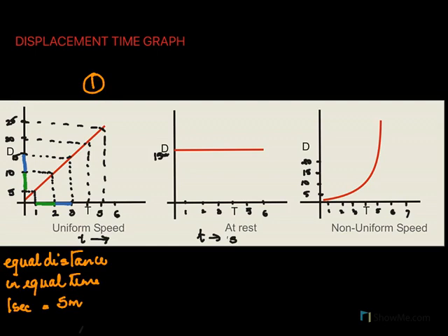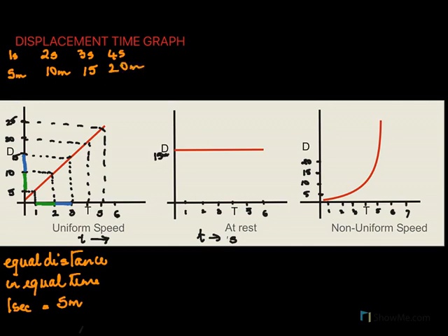Let me go over that part again. For the first second, it is at 5 meters. At the second, it is at 10 meters. Third second, it is 15 meters. Fourth second, it is at 20 meters.